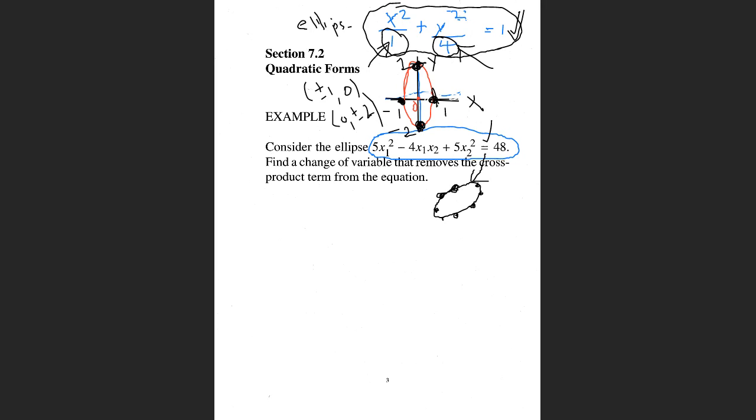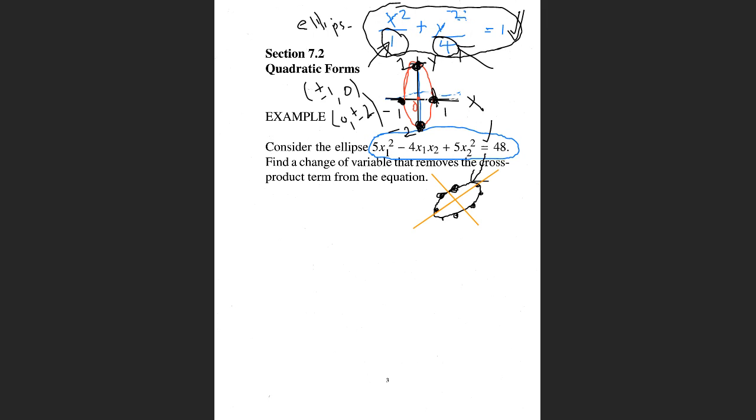The reason that these ellipses are difficult to graph is because the axes that define the ellipse, we call them the principal axes, are not the x and the y axis.